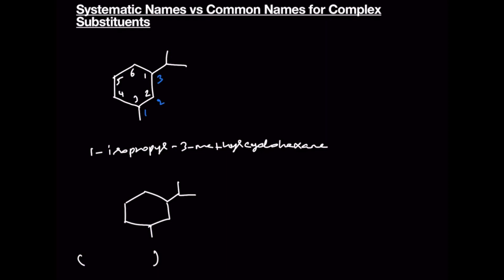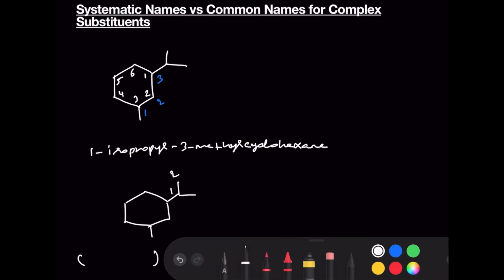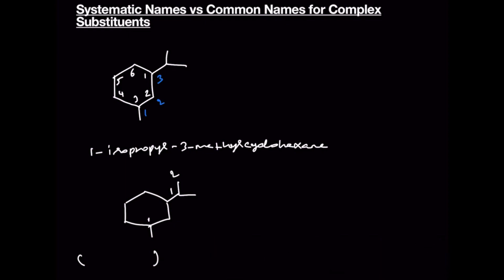So, at first this will be 1-methylethyl versus methyl, because the isopropyl systematic name, as we have seen, is 1-methylethyl, versus the methyl group that is here. Between methylethyl and methyl, methyl wins, and therefore, you have to adopt a numbering scheme that starts from here. That is correct. 1, 2, 3, 4, 5, 6, not the other way around.